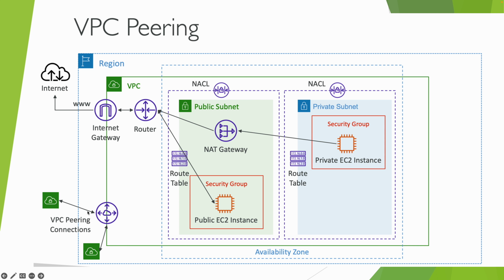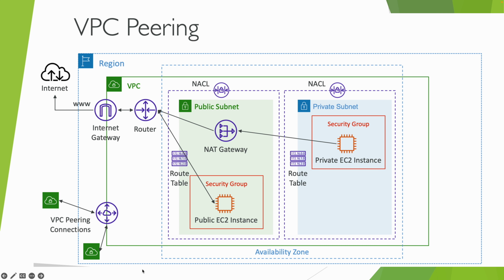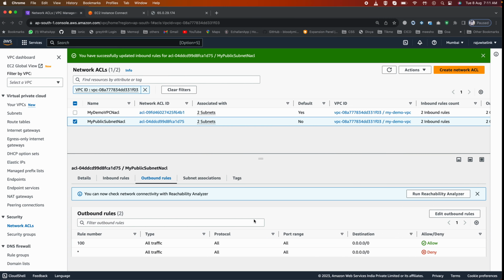VPC peering can happen within the same region, across different regions, or across different AWS accounts. Say I have one AWS account and you have another AWS account, we can communicate between these two accounts and two VPCs. That can also be done using VPC peering. We'll see this hands-on.